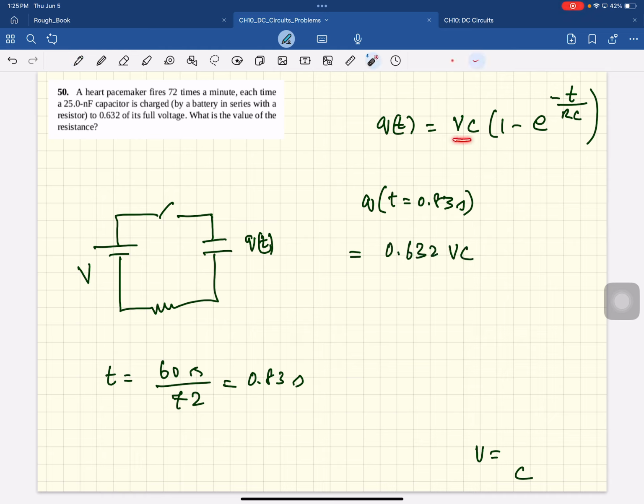This is the full charge, because as t goes to infinity, this goes to 0, and that's the full charge. Okay, did you guys understand that?